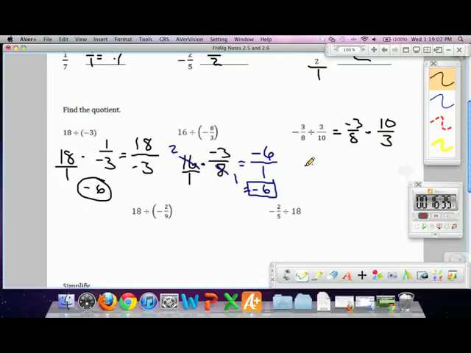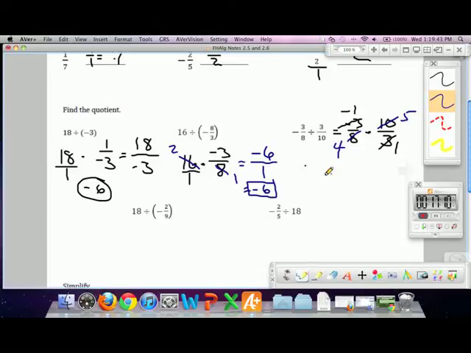Negative once. 8 doesn't go into 10 by itself, but there's a number that goes into each of those. 2. How many times does 2 go into 8? 4. How many times does 2 go into 10? 5. Now let's multiply what's left over. What's negative 1 times 5? Negative 5. And what's 4 times 1? 4. That seems a lot easier to me than reducing negative 30 over 24.